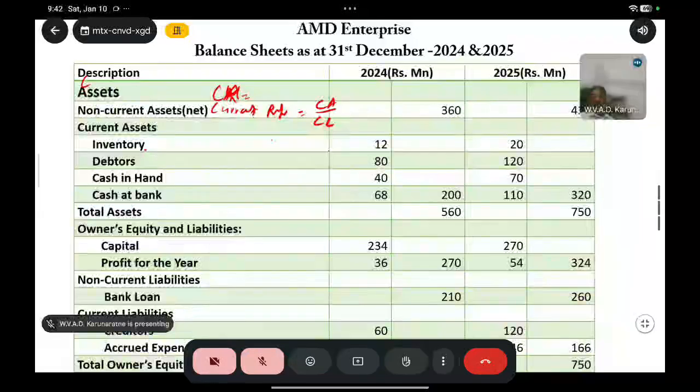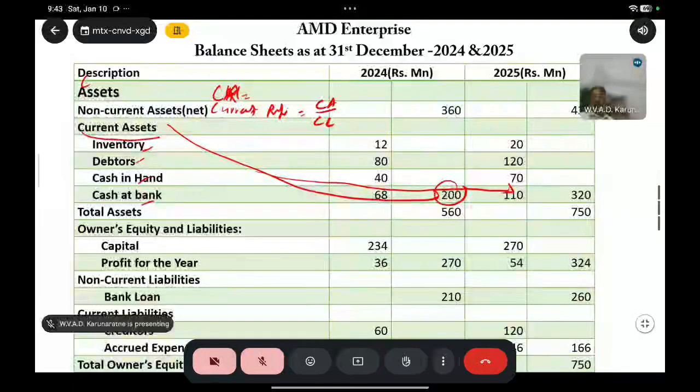If we go to 2025, these are the current assets, right? Current assets include these 5, and the total is here. Then the next year is here.